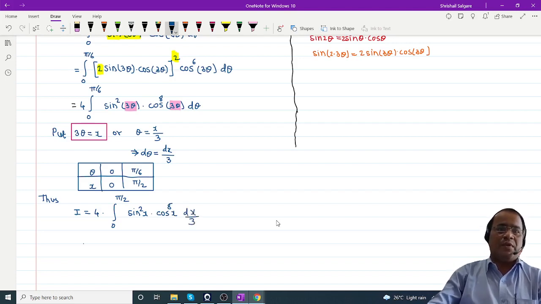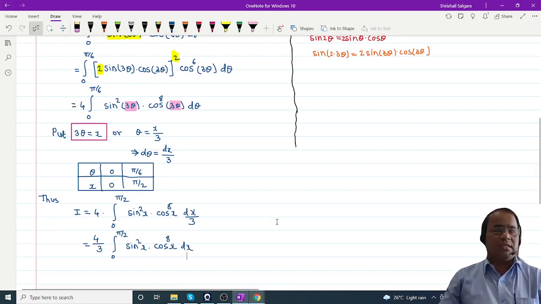Now further, this 3 also I will take outside. 4 by 3 integral 0 to pi by 2, sine square x into cos x raised to 8 dx. Now this is in the definition form.